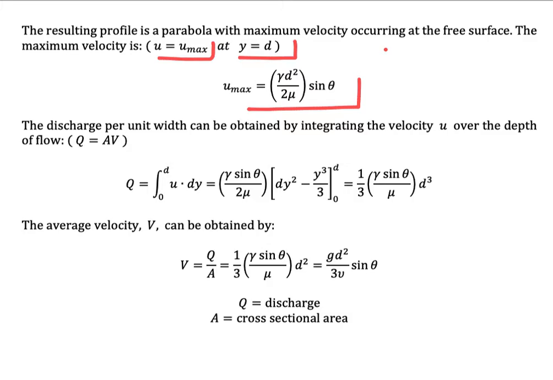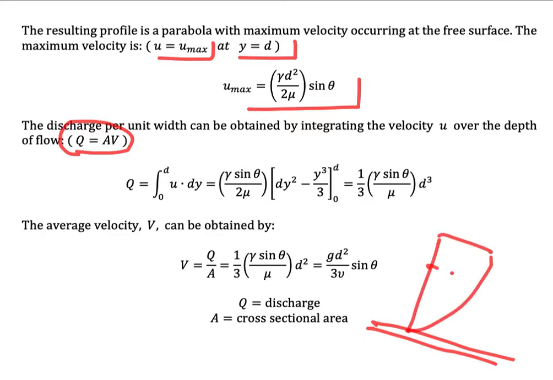And then if you want to calculate the overall flow rate, the volume flow rate Q is equal to AV. The idea here is you need to do the integration, because if this is the plate, and you have the velocity profile like this, you need to understand that the velocity is different along the y-axis. So you cannot just take one velocity and multiply with the cross-sectional area to get the total flow rate.